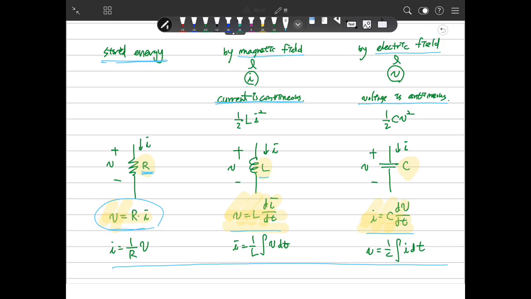Impedance is a larger concept to describe passive components, not only the resistor but also the capacitor and the inductor. We will discuss that in the next semester, Electric Circuits 2. But anyway, the relation between voltage and current is like this in the case of R, this for the inductor, and this for the capacitor. You need to be familiar with these equations. It's very important.